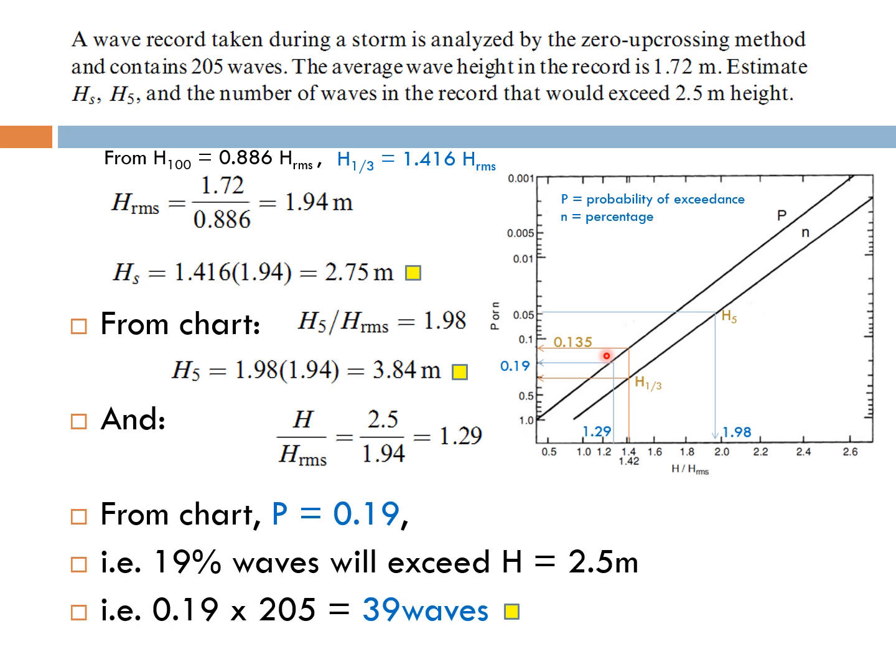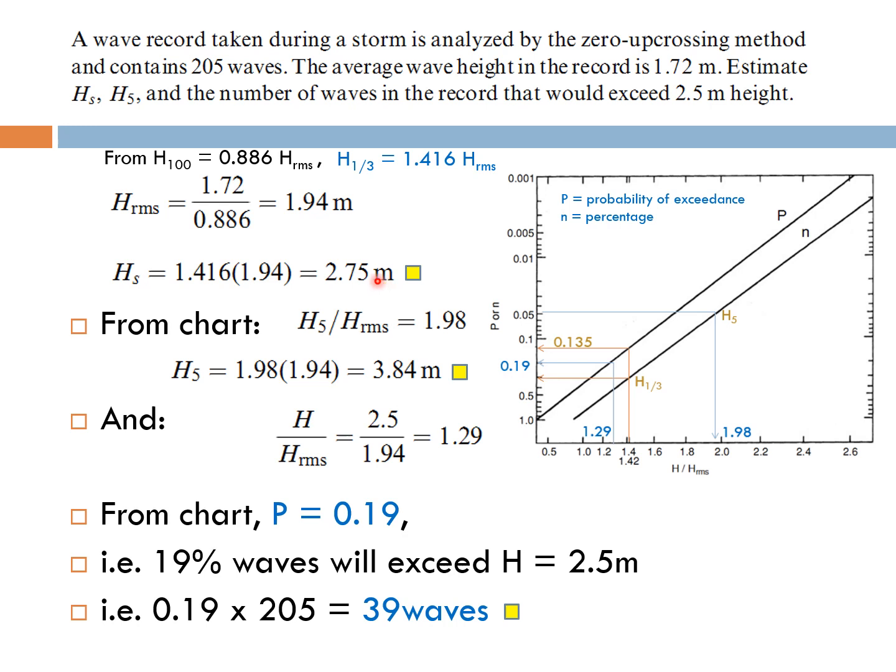So that is the same as what we saw from the previous example, which says that for H1/3, 13.5% of the waves are larger than H1/3.